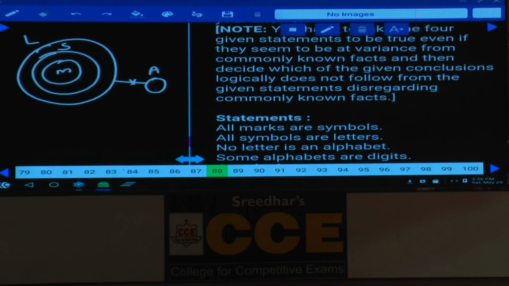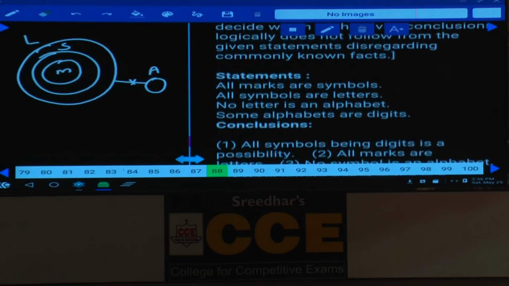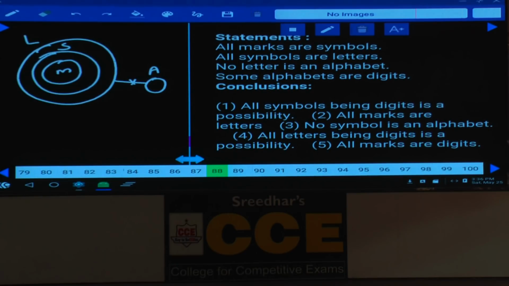The questions ask which conclusion logically does not follow, rather than follows, isn't it? Does not follow means it should not be true even in a single case. In all the cases it must always be false. So rather than checking whether it is 100% false, what are we trying to do? We are checking whether it can be true at least once.